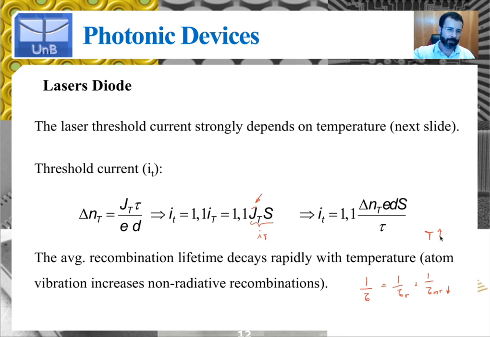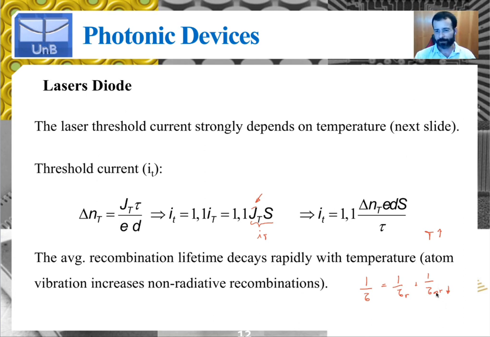And as you increase the atom vibration or the temperature of the solid, this makes it more likely that these non-radiative recombinations can occur, because the atoms are vibrating with a higher energy, and therefore the non-radiative recombination lifetime will decrease because the non-radiative recombination rate will actually increase.